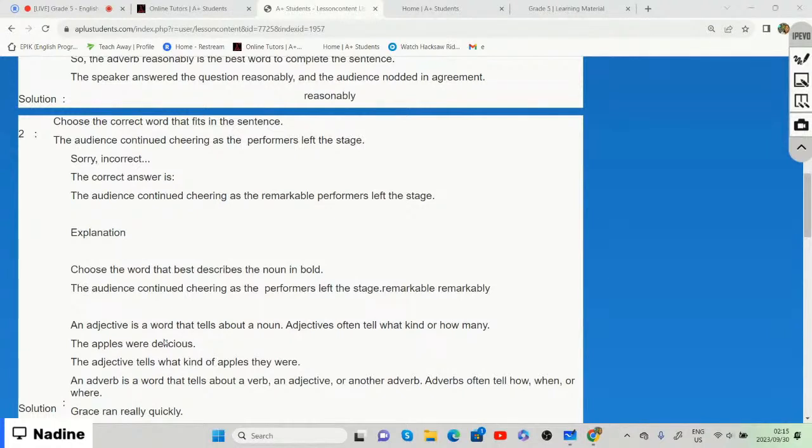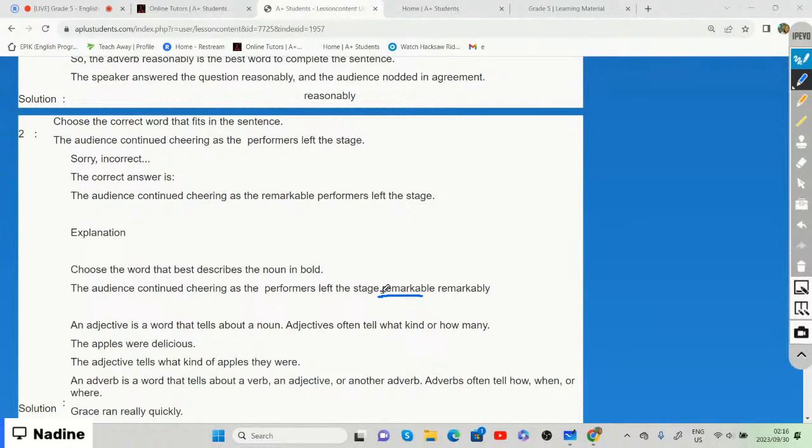For example, the audience continued cheering as the remarkable performers left the stage, or the remarkably performers left the stage. So we choose the best word to describe the noun and then we're going to say remarkable. The remarkable performers left the stage.